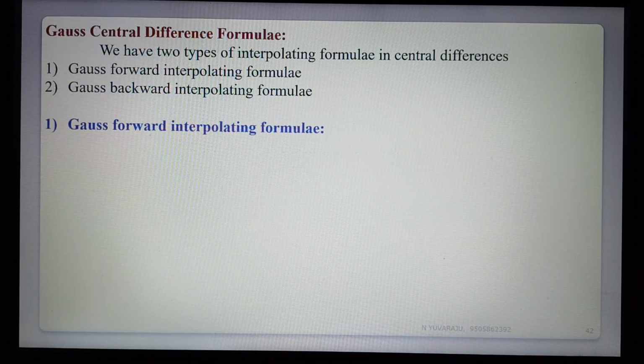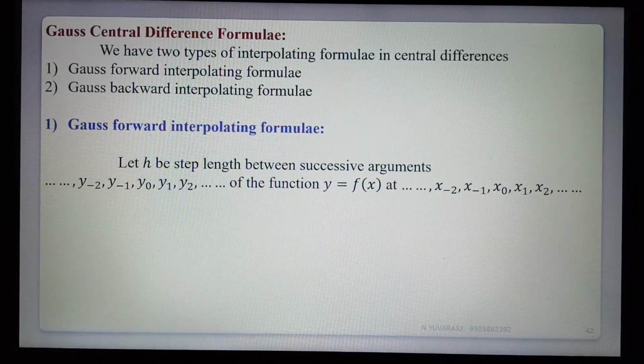First of all, Gauss forward interpolating formula. Let h be the step length. Step length means the consecutive values of x must be the same, the step length between successive arguments. y0 is the central point, the next values are y1, y2 and so on, and the backward values are y minus 1, y minus 2 and so on.